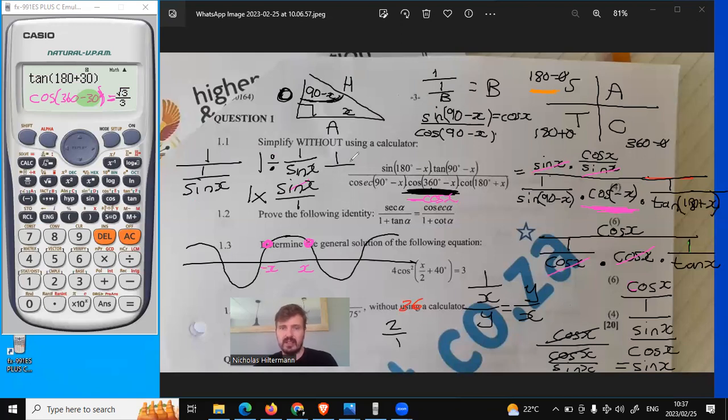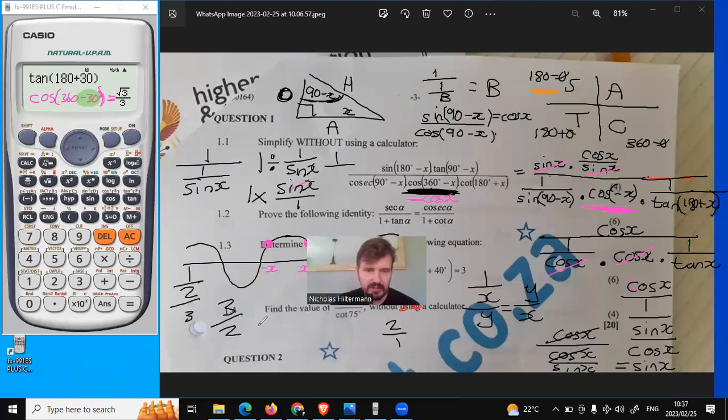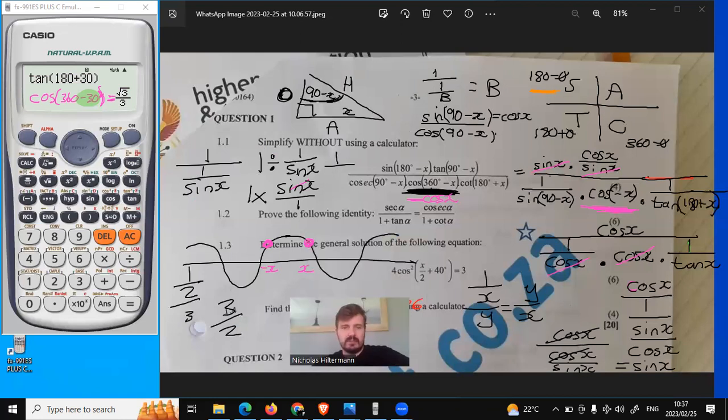Because in the exam you don't want to be doing this long method of saying 1 divided by 1 over b, then tip, which is the same as 1 times. I'm going to be running short of time. So you need to know 1 over 2 over 3 is 3 over 2. Okay, so these little tricks, we're just taking it to another level. So the answer is sine x.